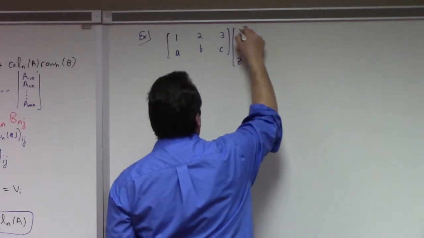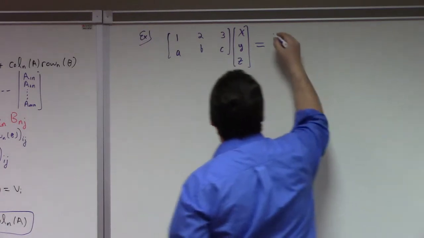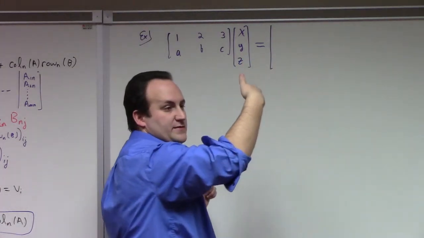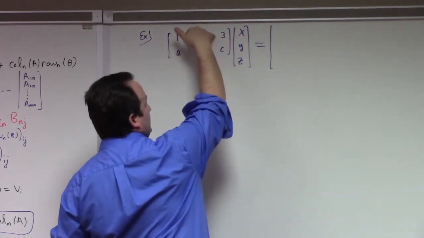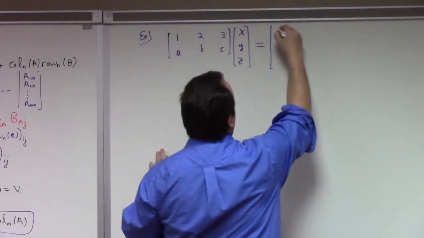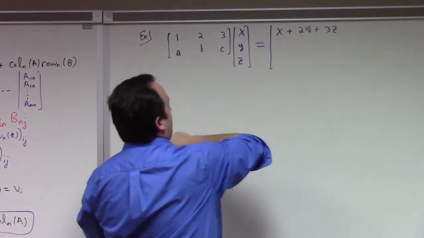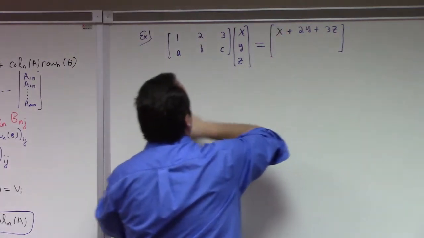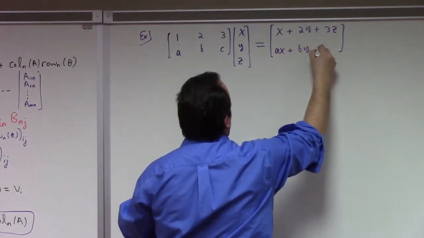Using our previous method of calculation, we take the dot product with the first row. That gives me x plus 2y plus 3z. Next I get ax plus by plus cz.